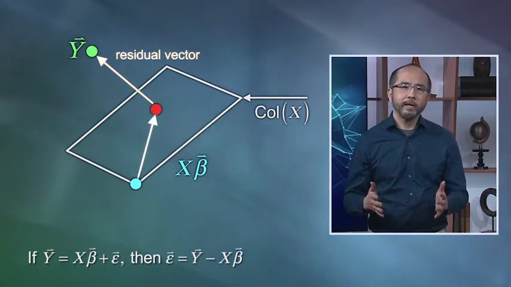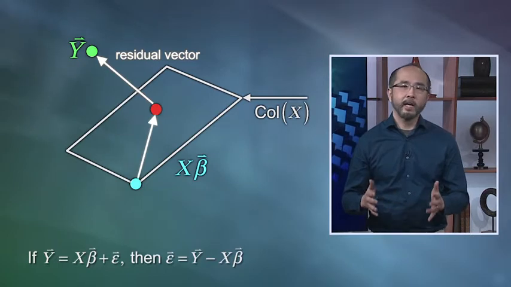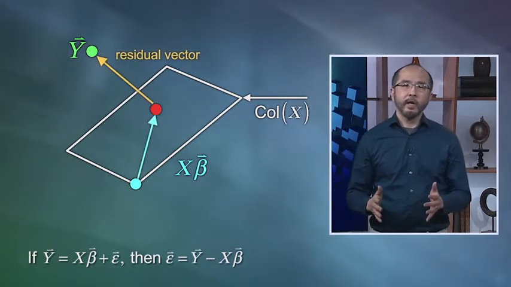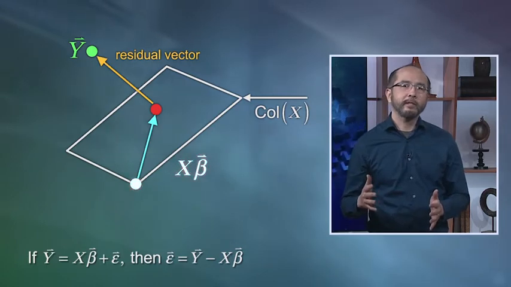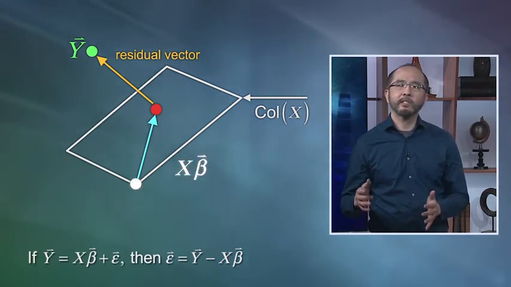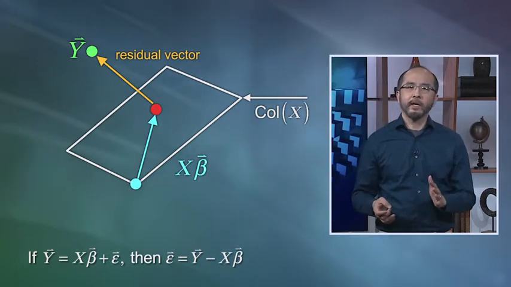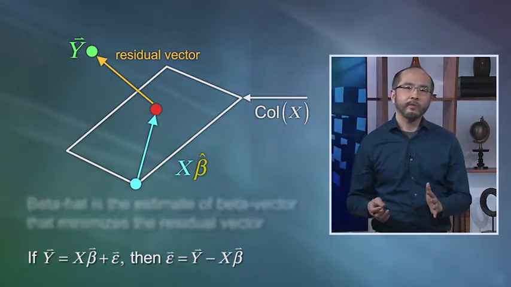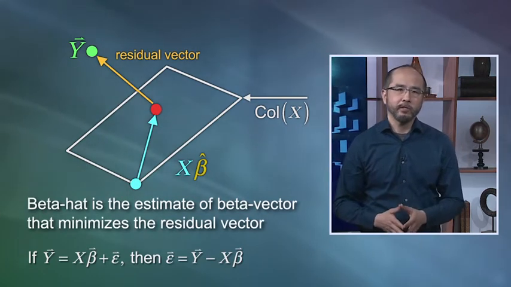The residual vector is the vector between y and the point x times beta. So as beta varies, we are trying to find beta so that the point x times beta is closest to y. That particular beta we'll call beta hat, which is our estimate of the beta that accomplishes this minimization.